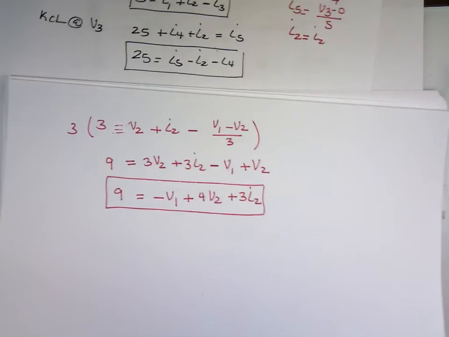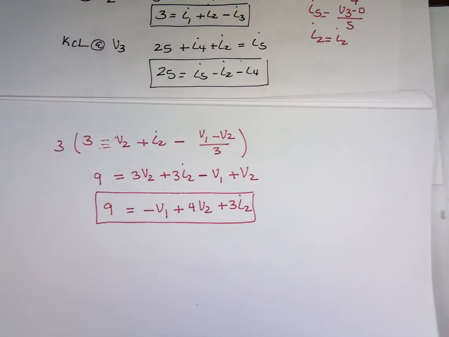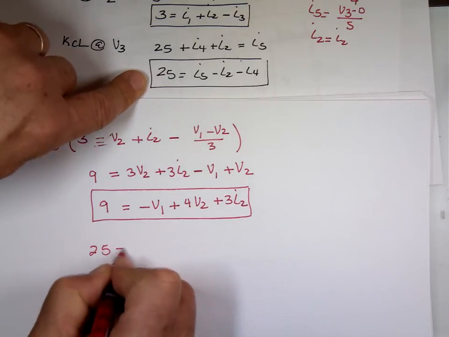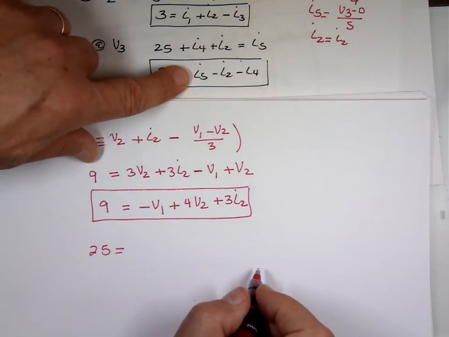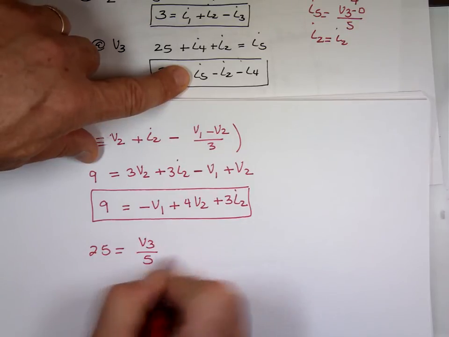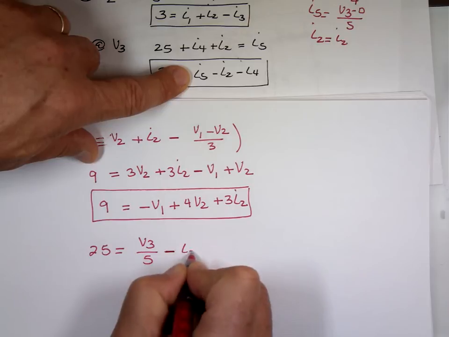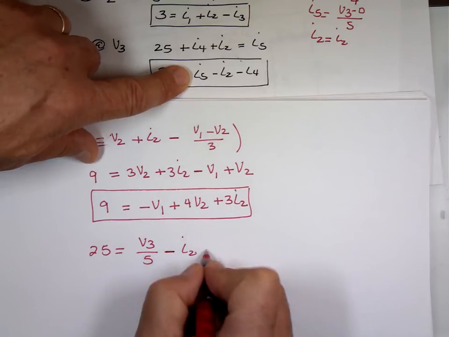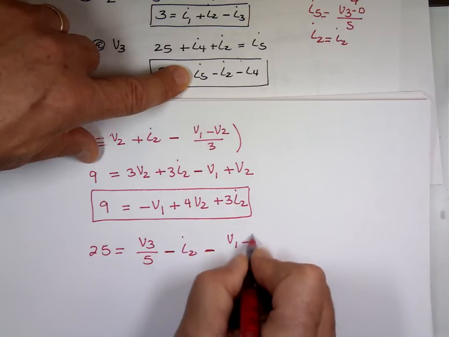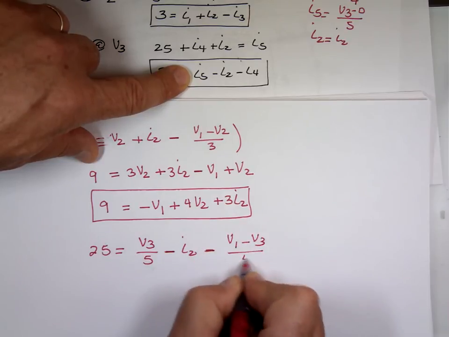Let's look at the last equation. 25 equals I sub 5, which is what? V3 over 5. Minus what? I sub 2 minus I sub 4, which is what? V1 minus V3 over 4.